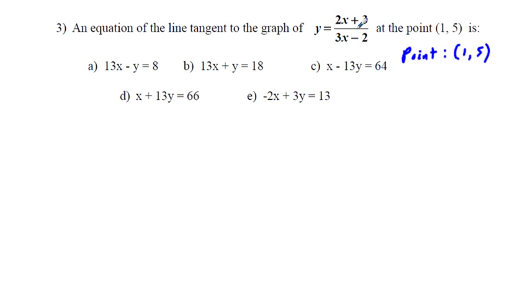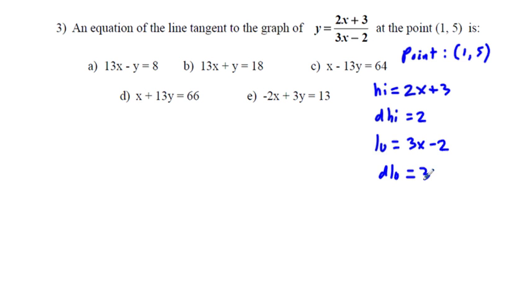So next we're going to take the derivative to find the slope, and for that we'll use the quotient rule. I'm going to find the high, which is 2x plus 3. The derivative of our high is 2. Our low is 3x minus 2, and the derivative of our low is 3.